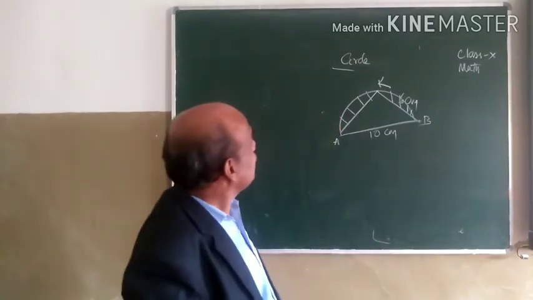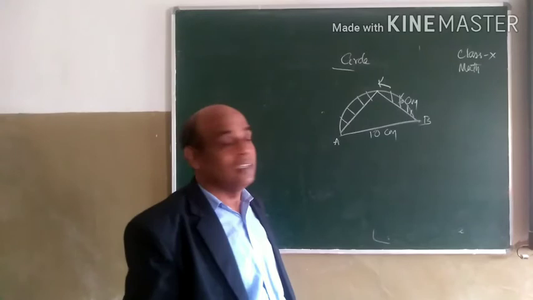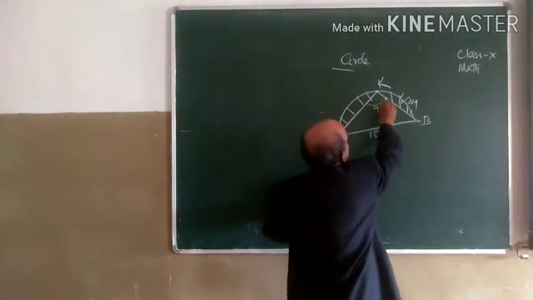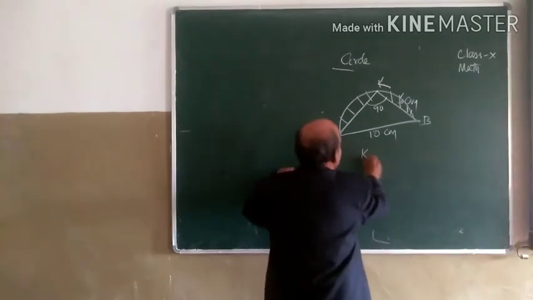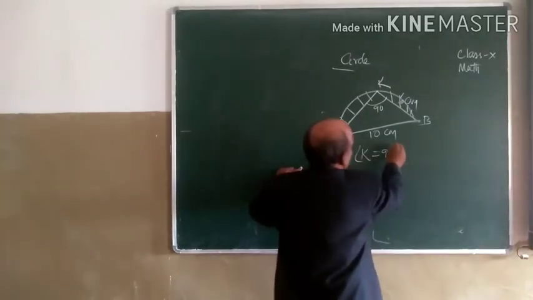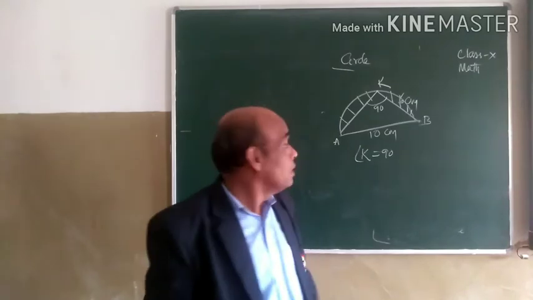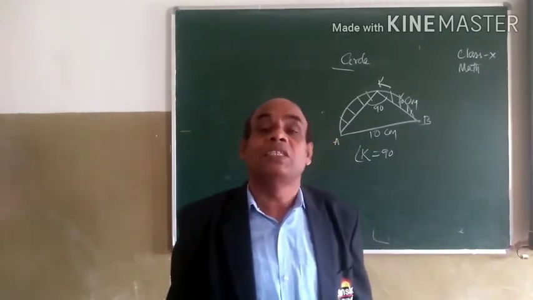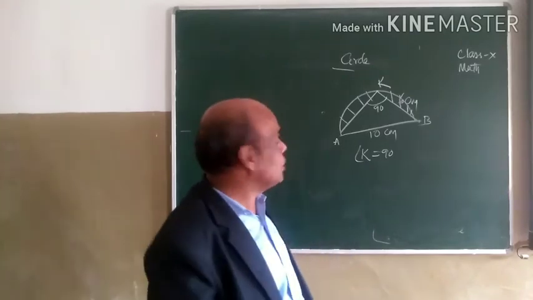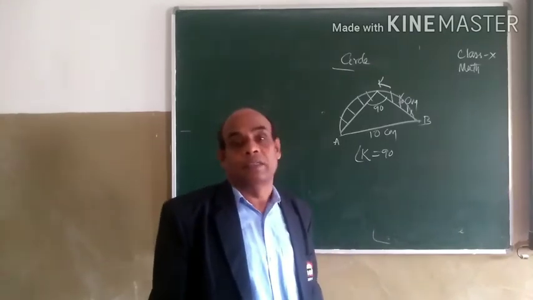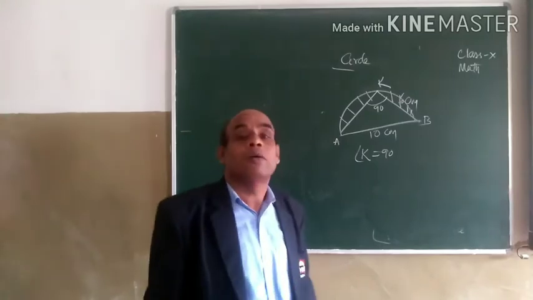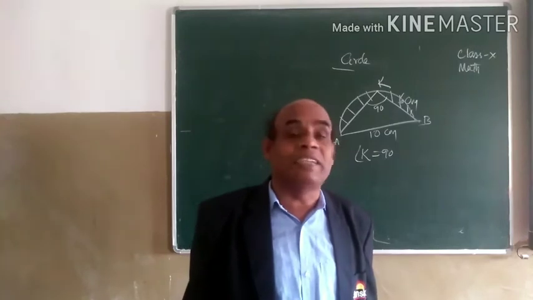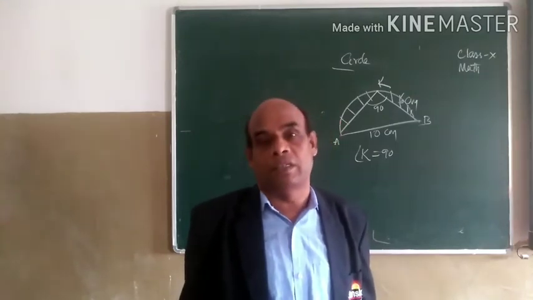So first you see, dear children, angle K will be 90 degree. You have to remember why angle K is equal to 90 degree. If the figure is a semicircle and AB is the diameter, then any point on the circumference will make 90 degree with the diameter.